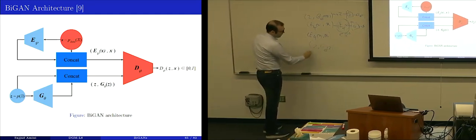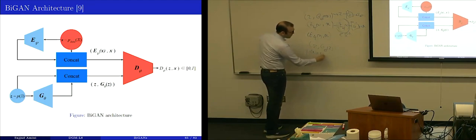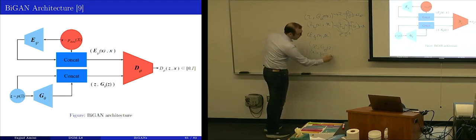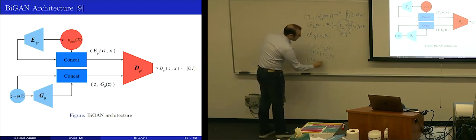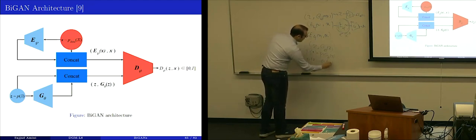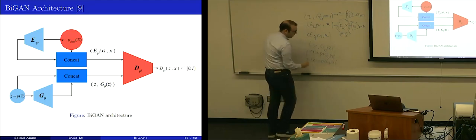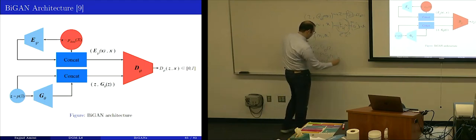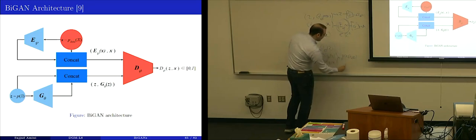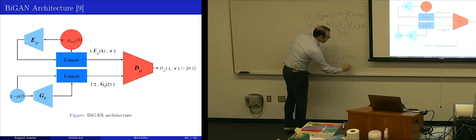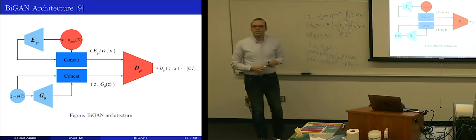If the distribution over x equals G theta of z and the distribution over z equals the distribution of E psi of x, can we conclude the distribution of (z, G theta of z) equals the distribution of (E psi of x, x)? This is the important question.